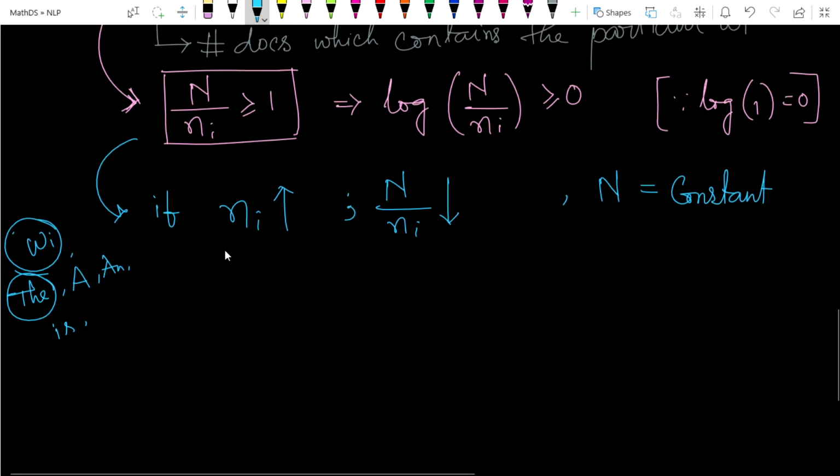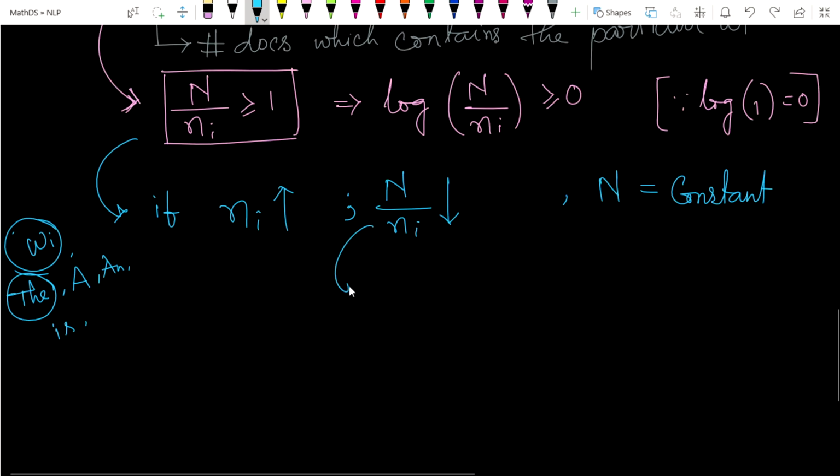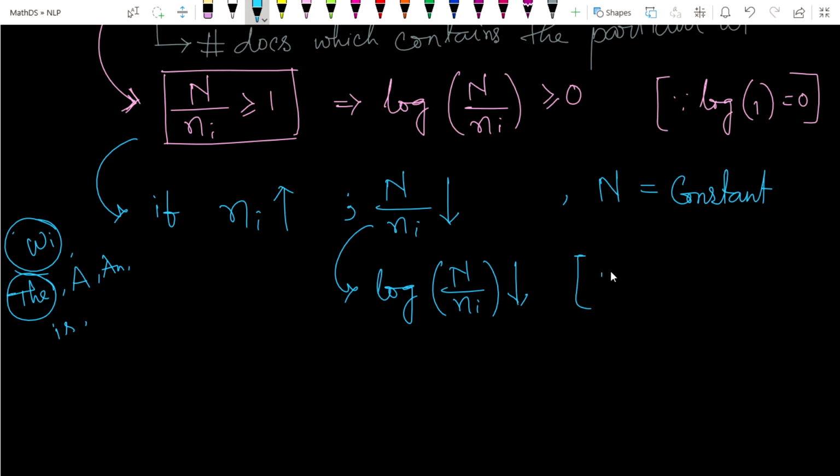And we always know that log is a monotonic function.